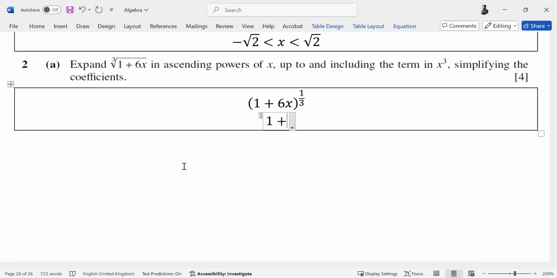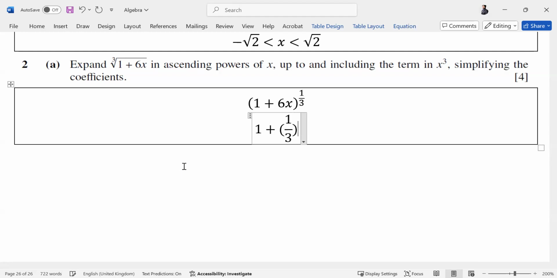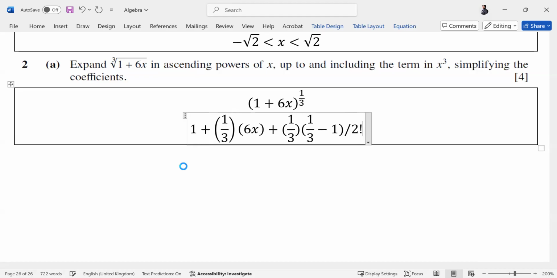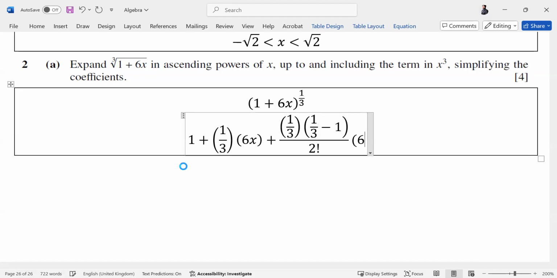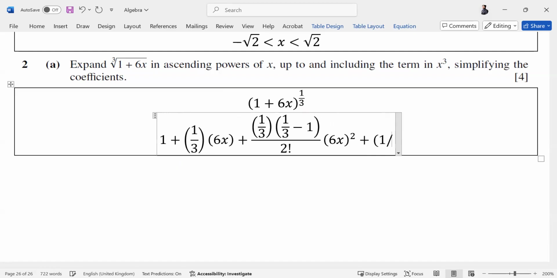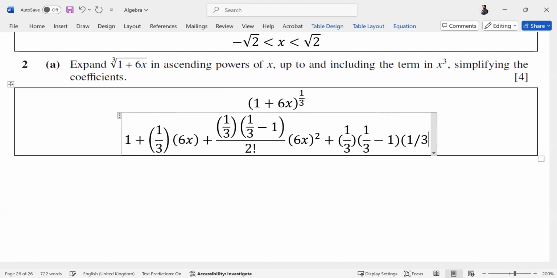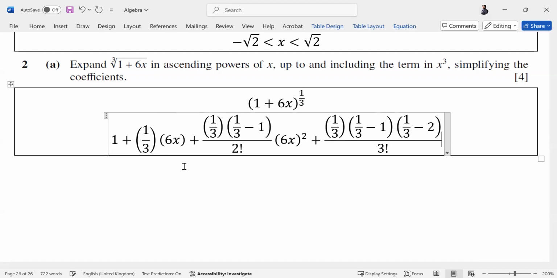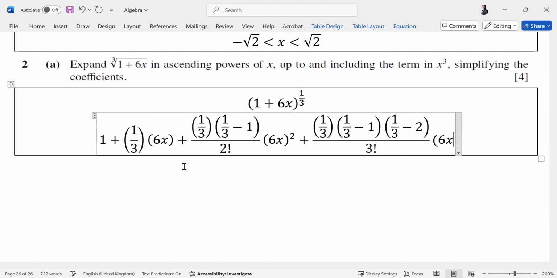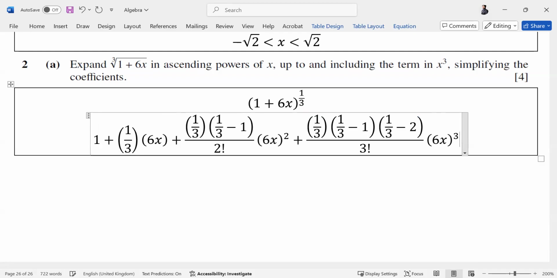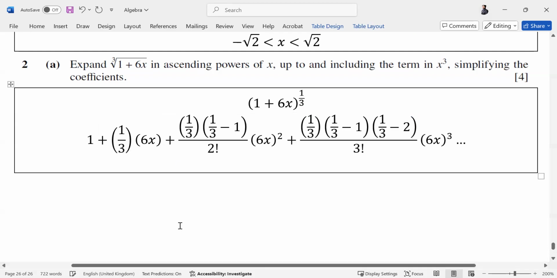Now can you expand it? The first term is 1, that is all that you need to be careful with. Then n into n minus 1 upon 2 factorial into the square of the second term, n minus 1 n minus 2 upon 3 factorial, and the cube of the second term.